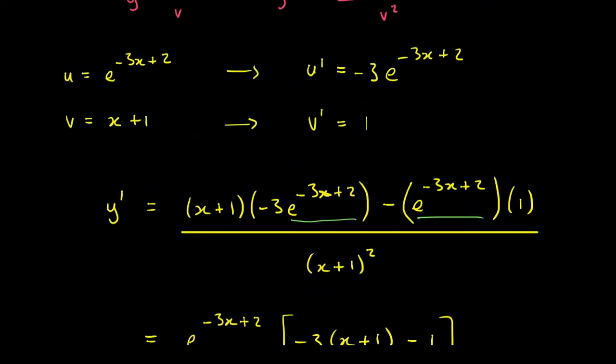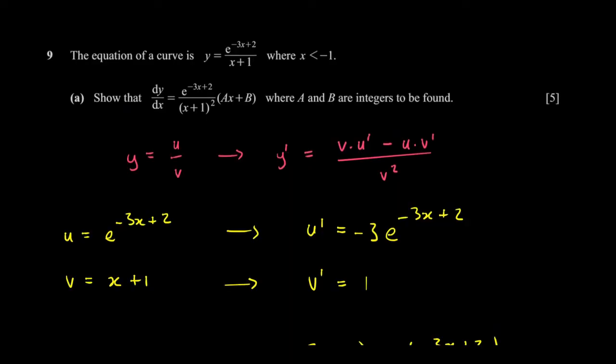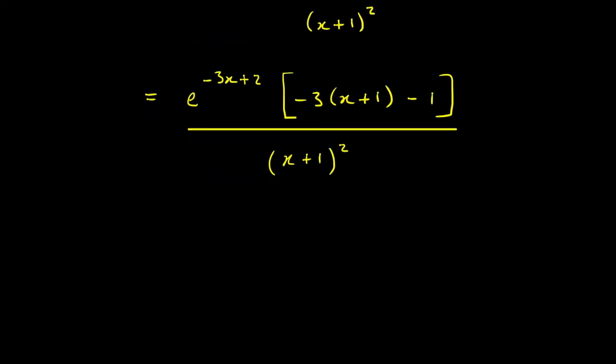Okay, let me just check the way they want us to get it. Yeah, all right, okay, fair enough. So I now just got to simplify this bracket, right? So I've got negative 3x, and I've got minus 3, minus 1 is minus 4. So this is going to become minus 3x minus 4 times by e to the negative 3x plus 2, all divided through by x plus 1, all squared.